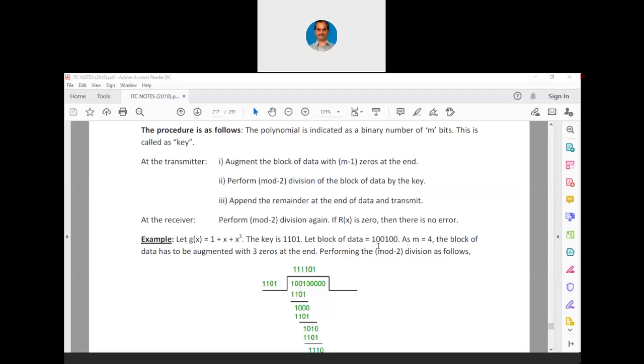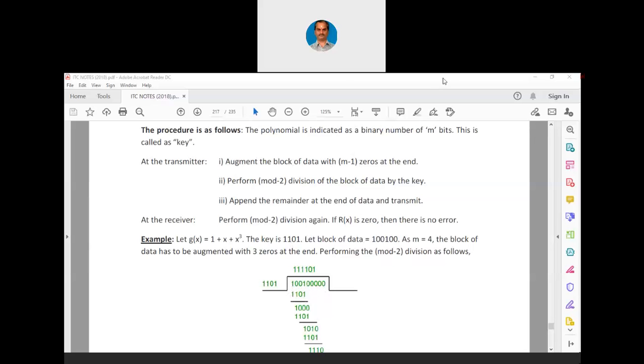To this data, we augment, or add at the end, m-1 zeros. Now the key is 4 bits, so we will have to add 3 additional zeros. You can see 100100 is the data, and 3 additional zeros are added.